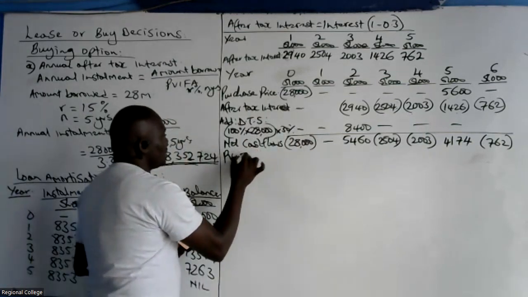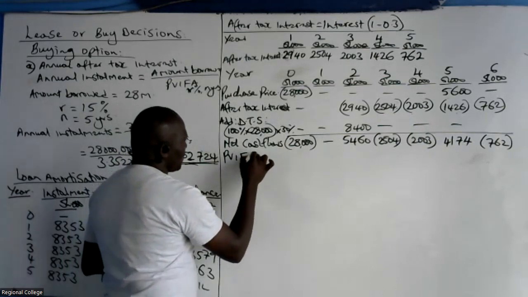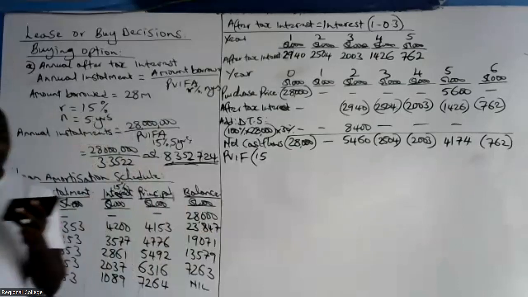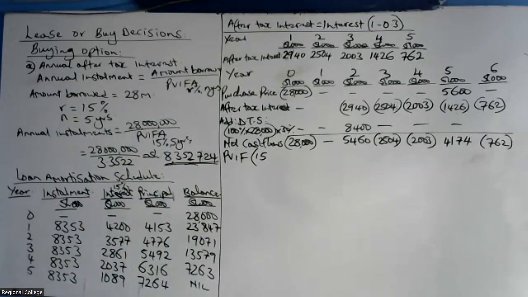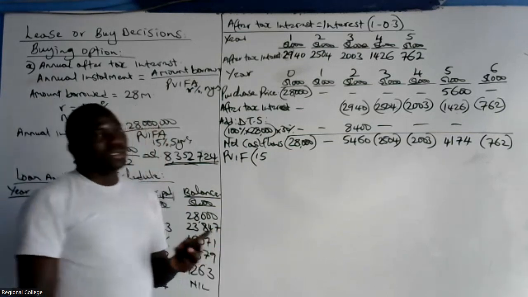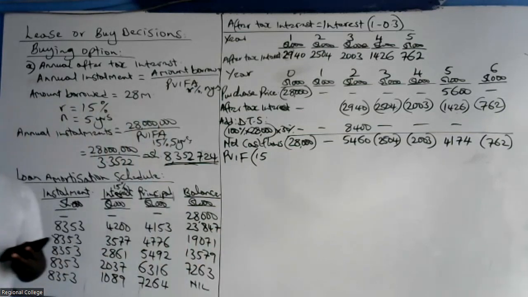Can we discount? Cost of capital is 15% before tax. So you always use the cost of capital available to that company, that is 15%. For leasing and buying, you use the same cost of capital discount.